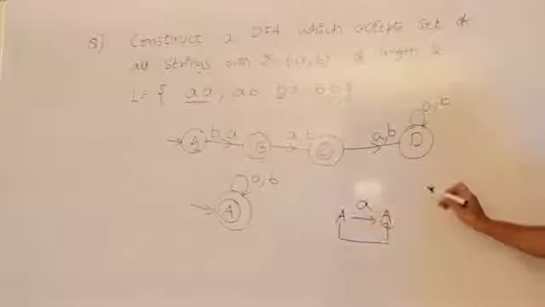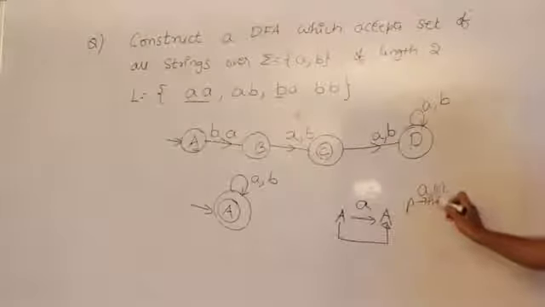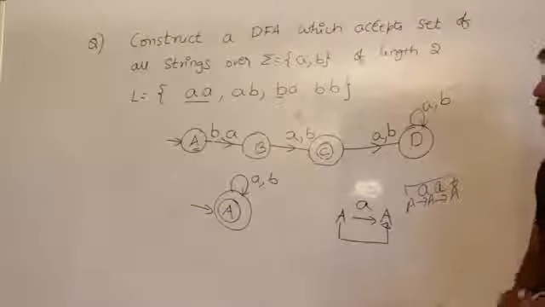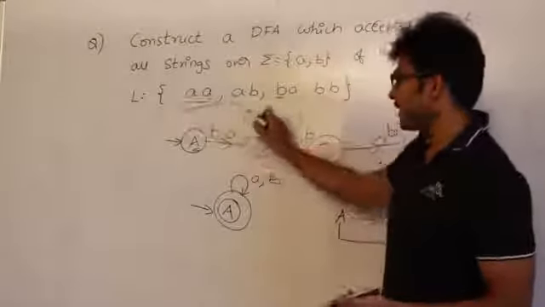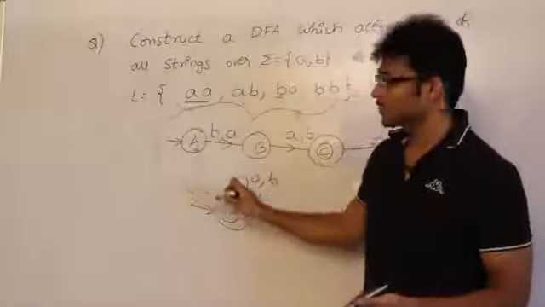Therefore, a is accepted. I'll start from A, go to A, and again A: initial state to final state. Yes, accepted. Give all the strings in this language, and this finite automata is going to accept all the strings.